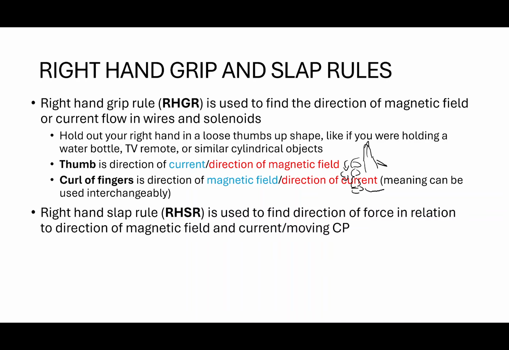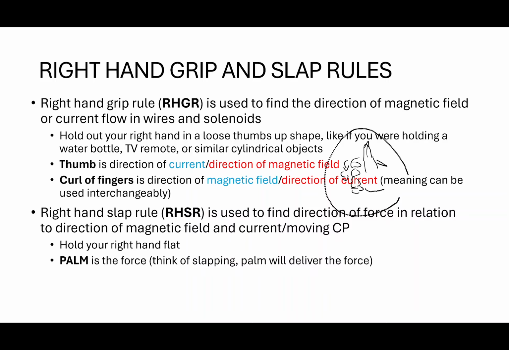The right hand slap rule is used to find the direction of force, for a moving current or moving charged particle. To get the right hand slap rule, you hold your right hand flat and you have your thumb go at a right angle to your fingers.